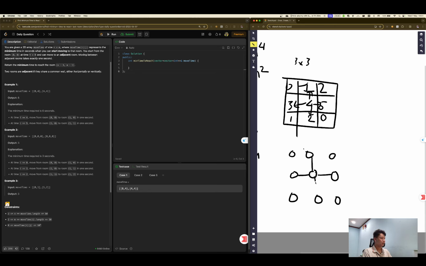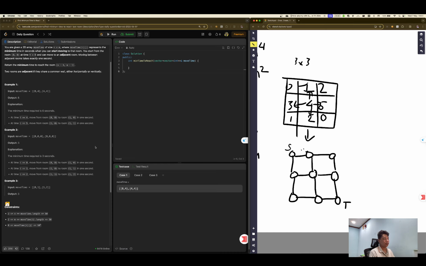Now we have converted the matrix to a graph that has edges and vertices. So your task is to find the shortest path from the start to the destination, our target, while you can move through the edges.